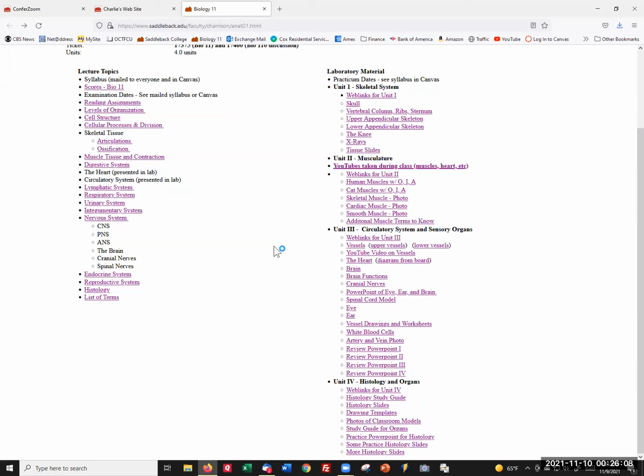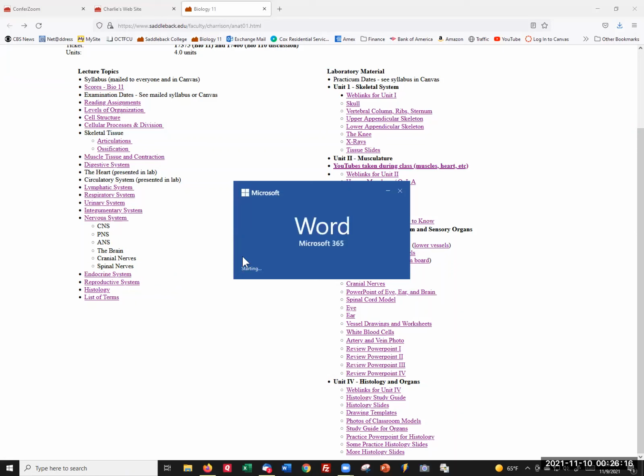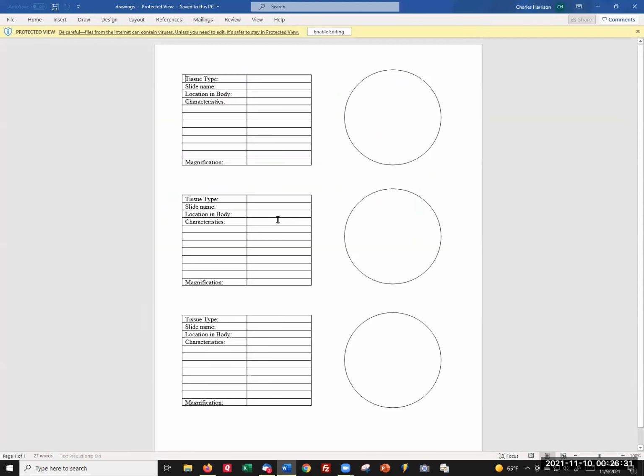It's such a simple page, it doesn't take that long to open up. You would name your tissue type if you want, and fill out the other information that you're interested in or think that I would ask.